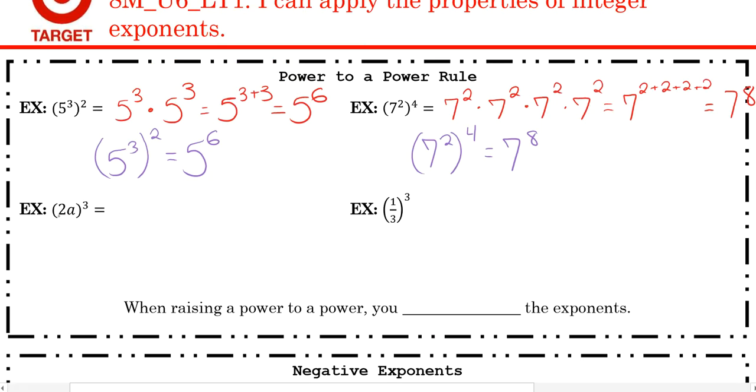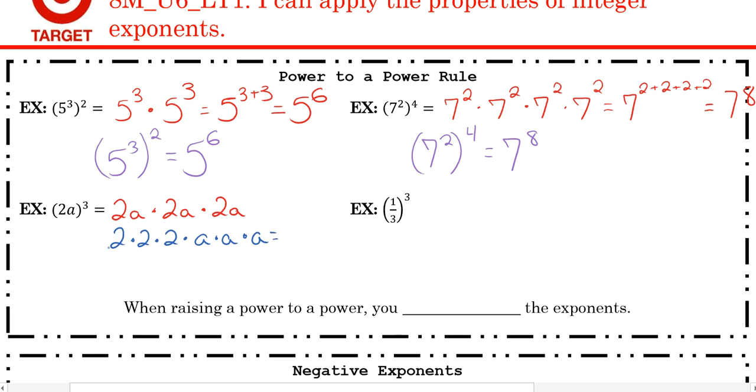On my next example, we have 2a raised to the 3rd power. So that's like saying 2a times 2a times 2a. So I have 2a times itself 3 times. And I'm going to rewrite this a little differently. I'm going to pull all the 2's out in front. So 2 times 2 times 2 times a times a times a.